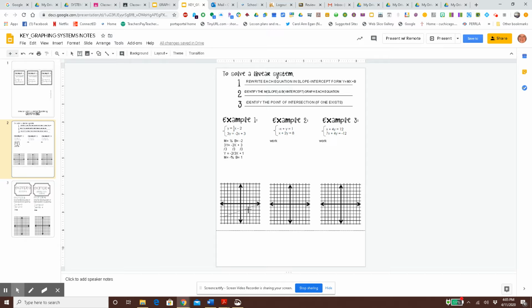So I'm going to grab a line, starting at 1. If I went down 1 and over 3, my line will look like that.